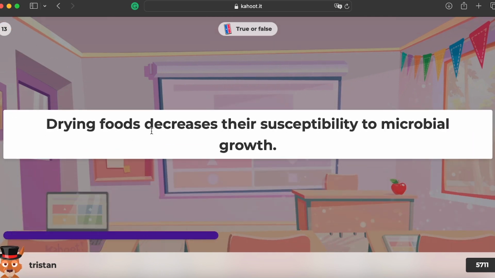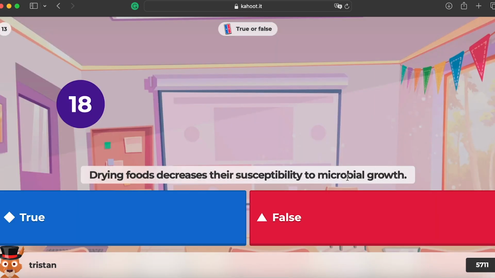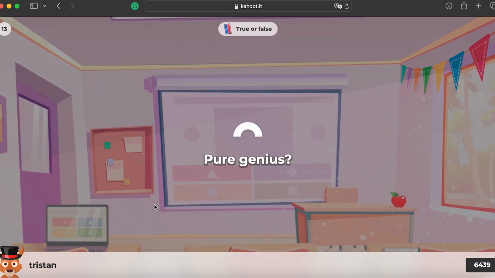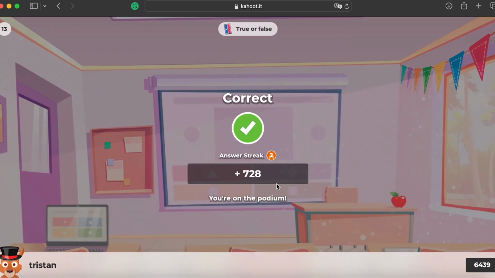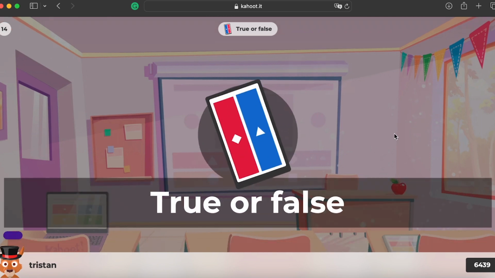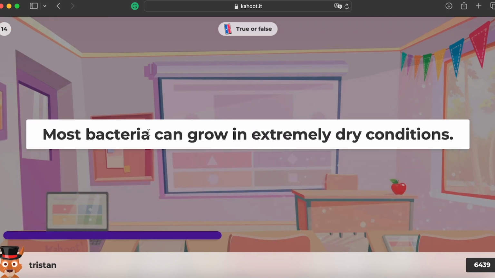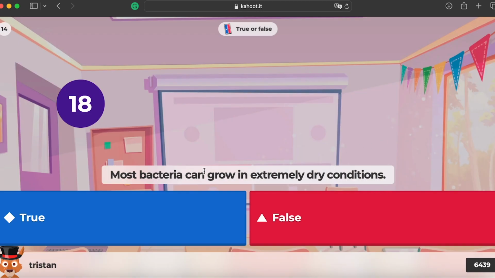Drying fruits decreases their susceptibility to microbial growth. Yes, it's true. Number 14. Most bacteria can grow in extremely dry conditions. I think it's false.